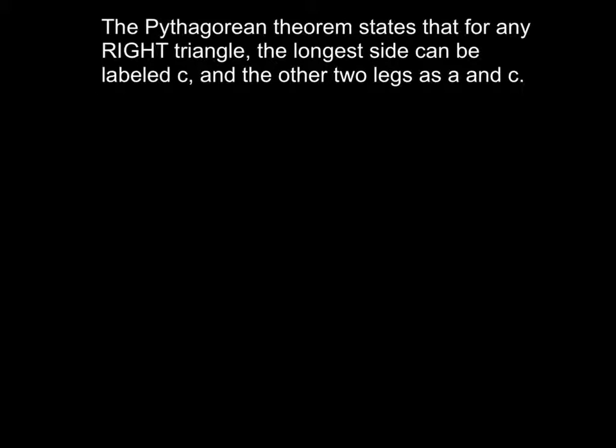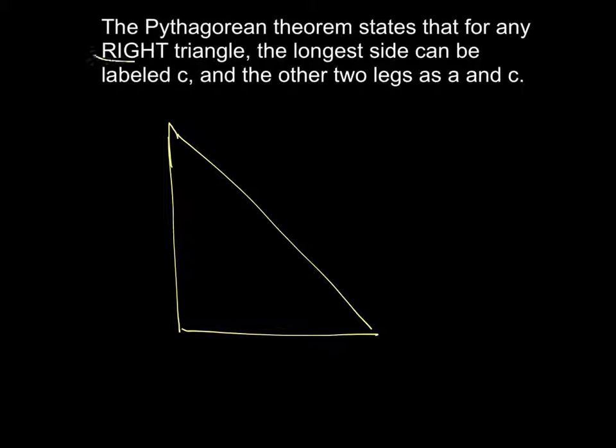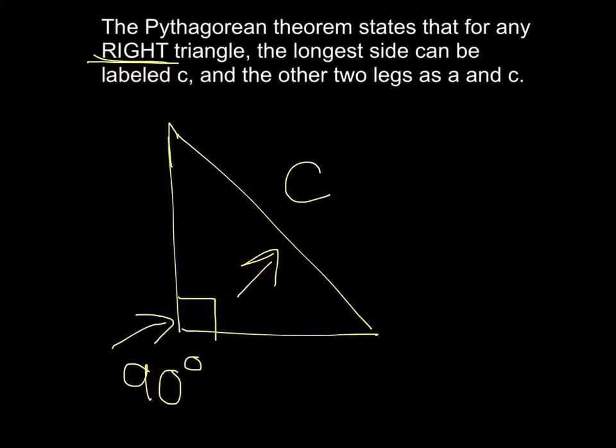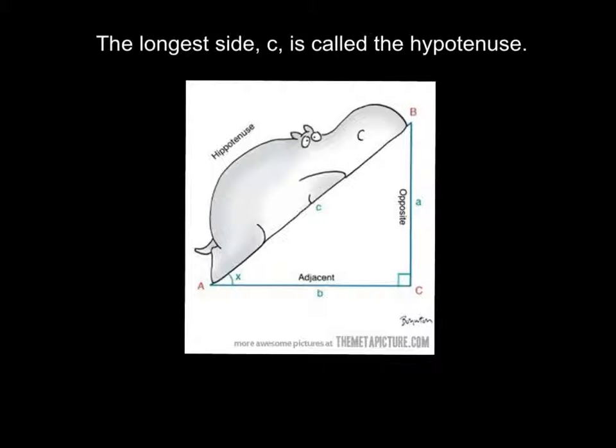Regardless of who came up with the theory, it states that for any right triangle, notice how I said right triangle. Right triangles are denoted by this box, which means that they have a 90-degree angle. Now, for any right triangle, the longest side, which is also the side opposite of the 90-degree angle, can be labeled as C. The other two sides can be labeled as A and B. The longest side, C, is called the hypotenuse.